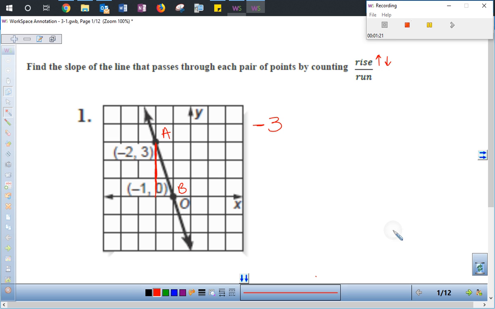Now I need to run, which means I need to determine if I want to go right or left. Now to get from this spot here to point B, I need to go 1 unit to the right. Now to represent that numerically, that's going to be a +1. So my slope would be -3 over +1, which is just -3.